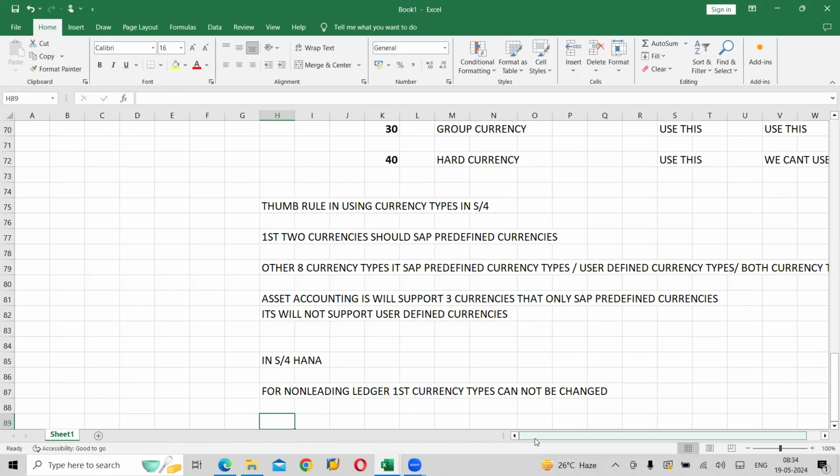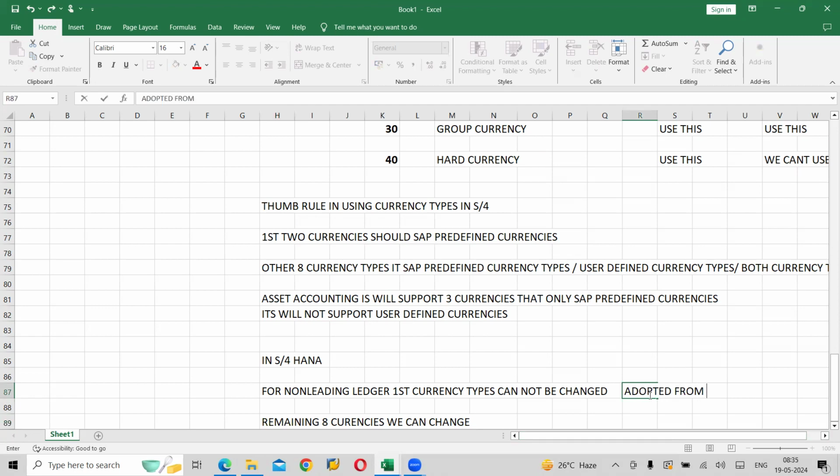And the remaining eight currency types we can change. Anything we can take. The first two currencies will be adapted from your zero ledger, the leading ledger.